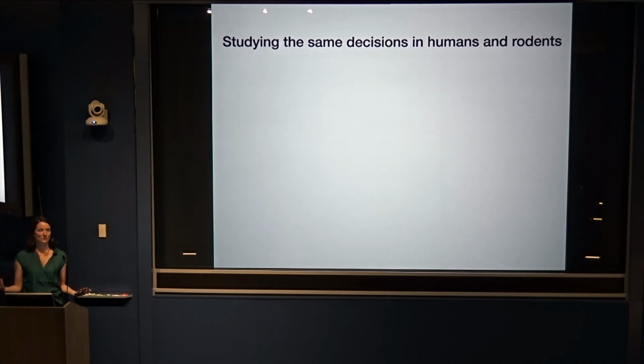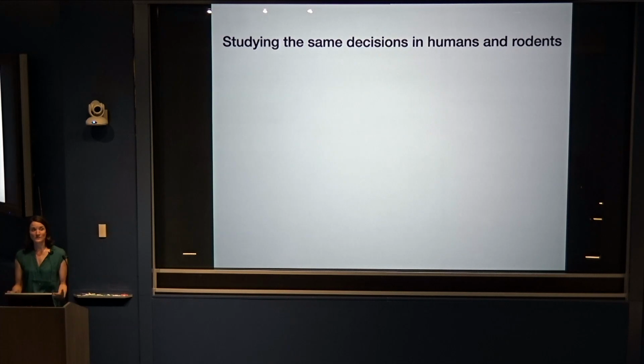So for instance, if you have a rat in a maze, that's presumably informative about humans navigating in a real world environment, but the connection between the two is a little bit vague. And so we wanted to have something that was much closer. We really wanted to put the human and the animal subjects head to head, be able to compare them using the same tools, and really see whether the same decision-making mechanisms were at play in both species.